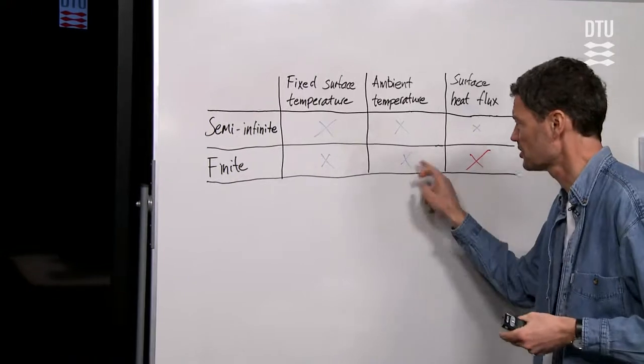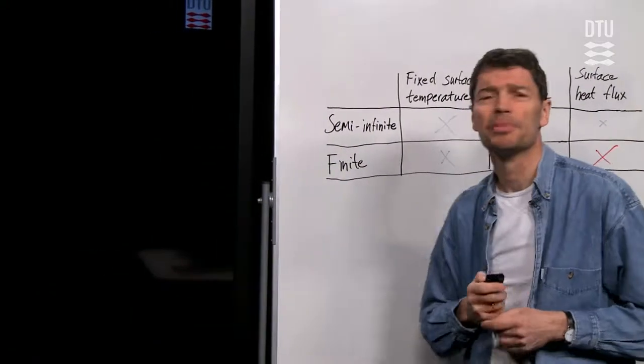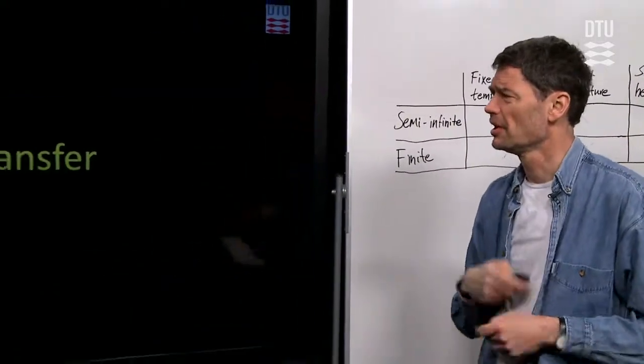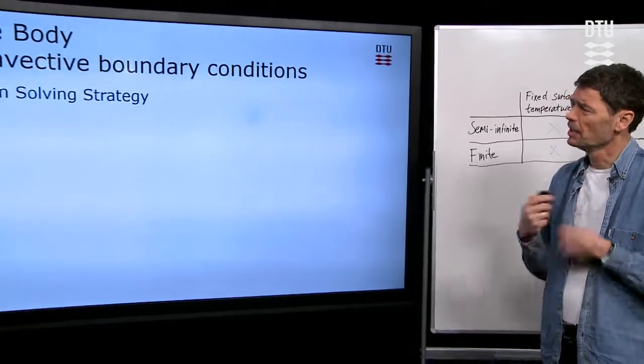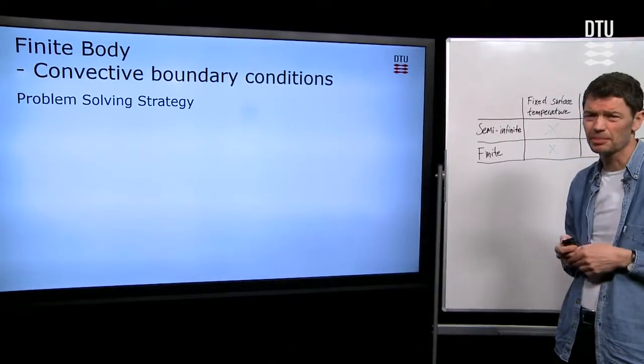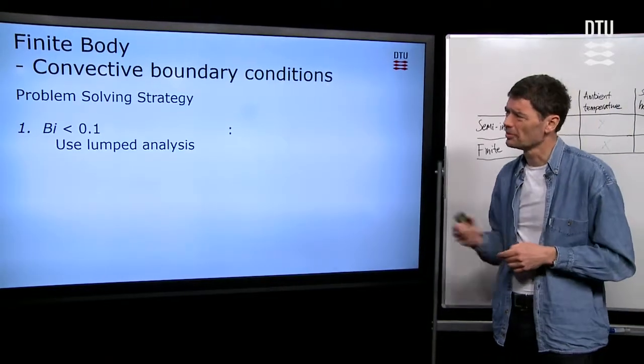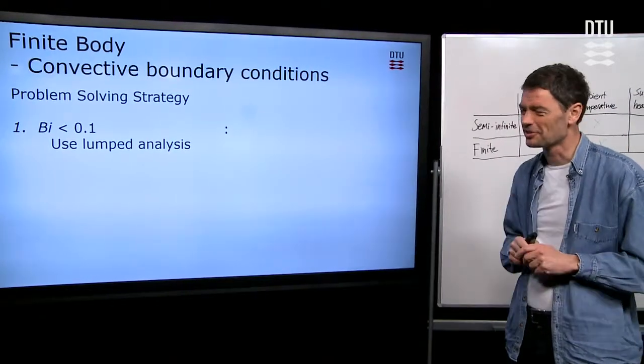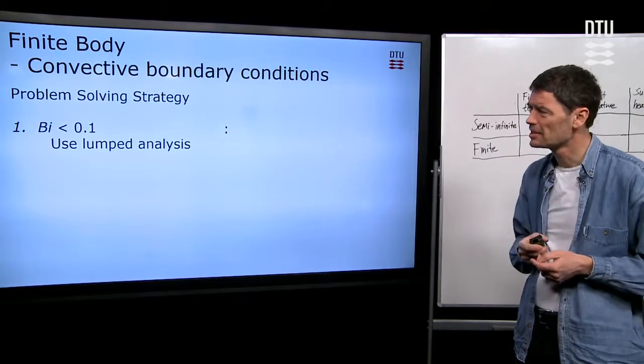So the last case I'm going to talk about is this here, the finite body with the convective heat transfer on the surfaces. And there are a little bit some cases we can use. We can also refer to what we talked about in the beginning from the lecture that comes before this, where it was lumped analysis.